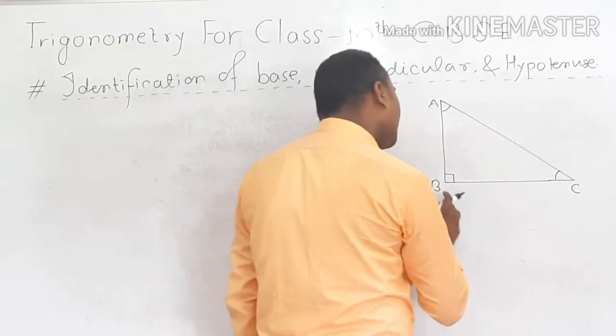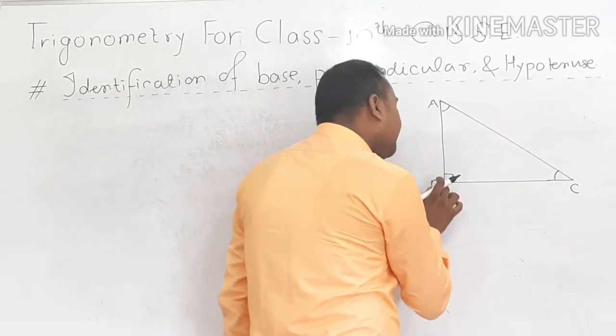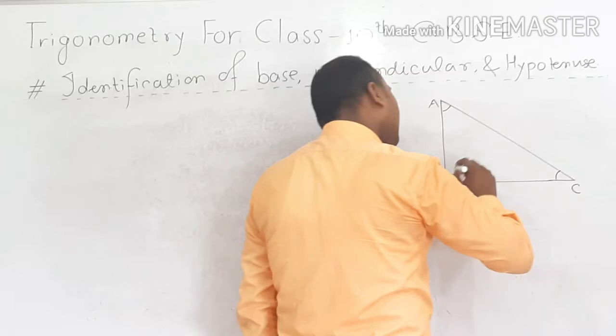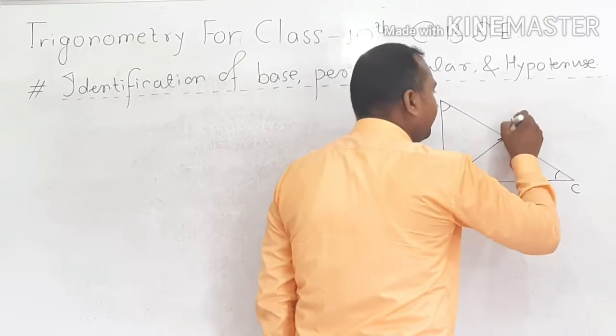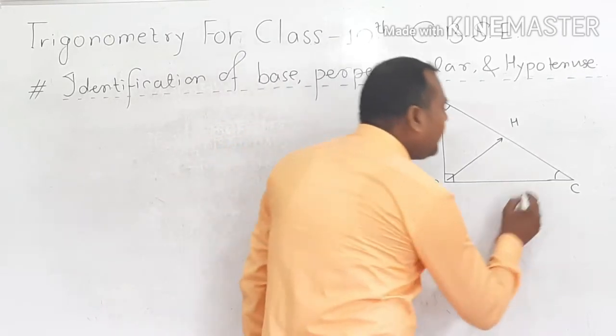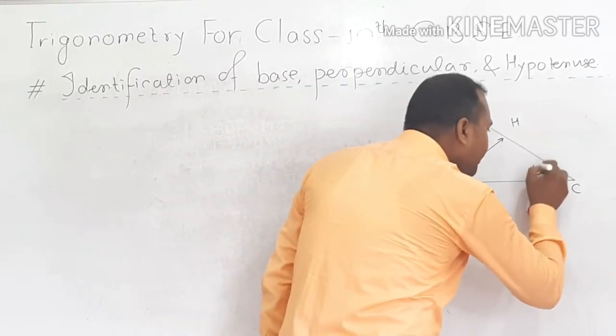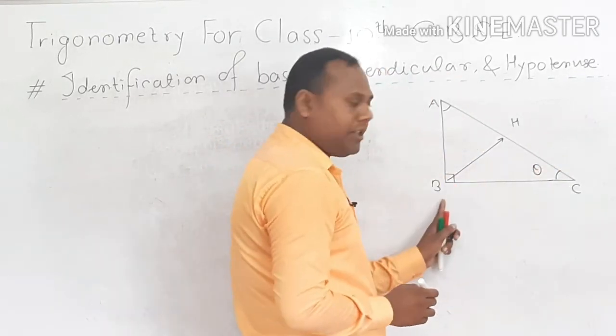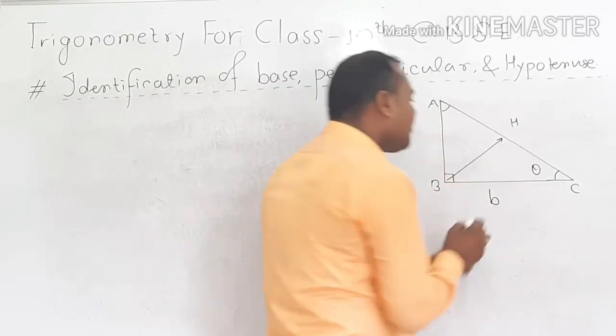So the side in front of the right angle is the hypotenuse. It is denoted by H. Now for these two sides, if we put theta or any angle here, this side BC will be the base of the triangle.